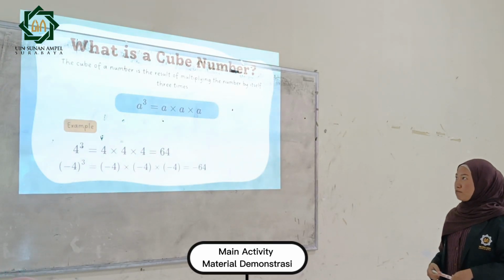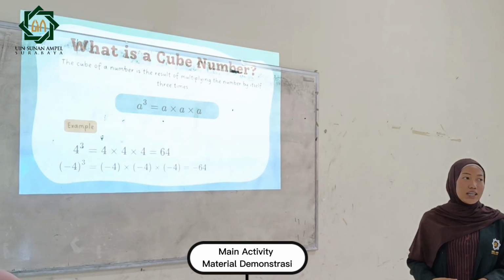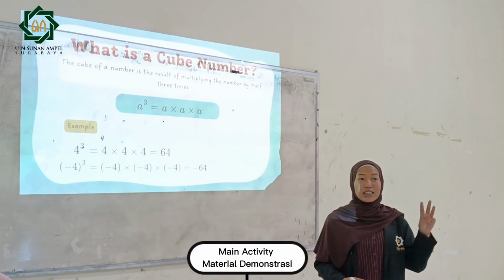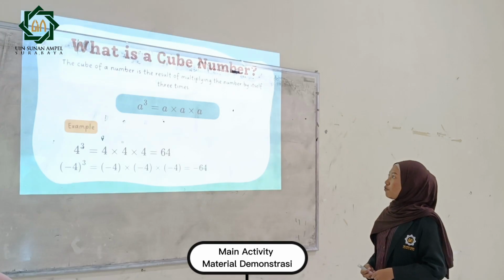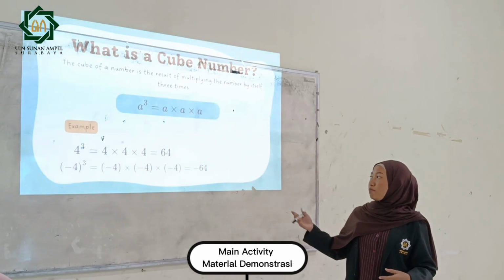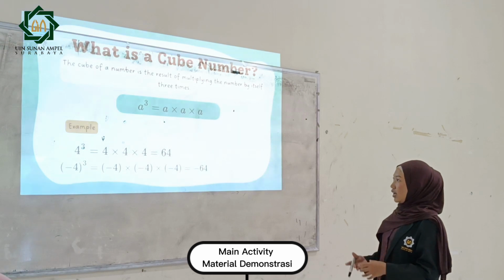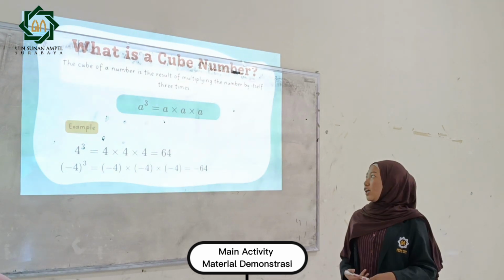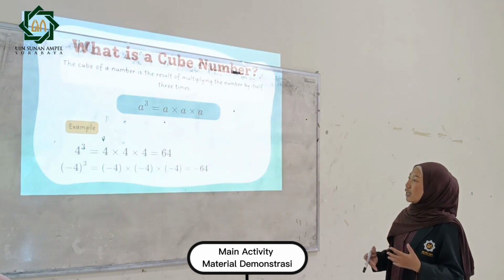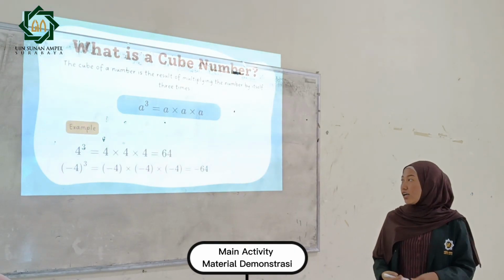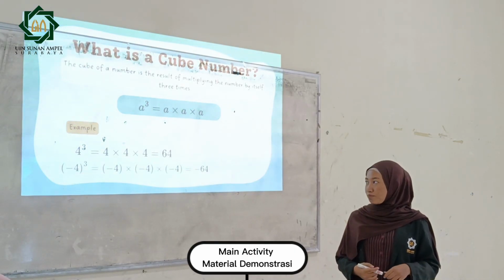What is a cube number? The cube of a number is the result of multiplying the number by itself 3 times. It means a cubed equals a times a times a. For example, if a is 4, 4 cubed equals 4 times 4 times 4 equals 64.